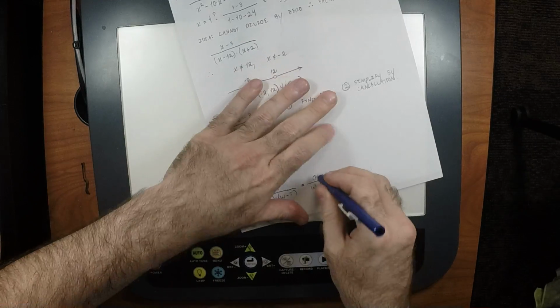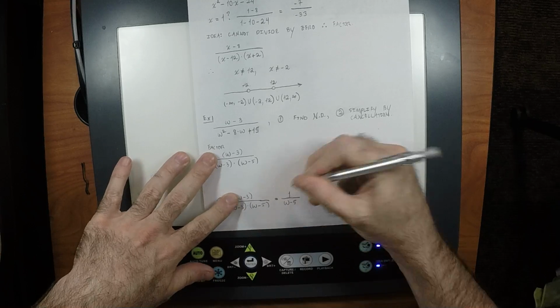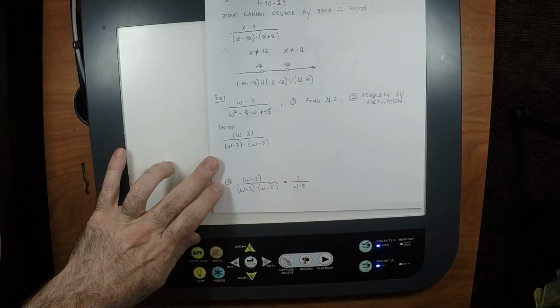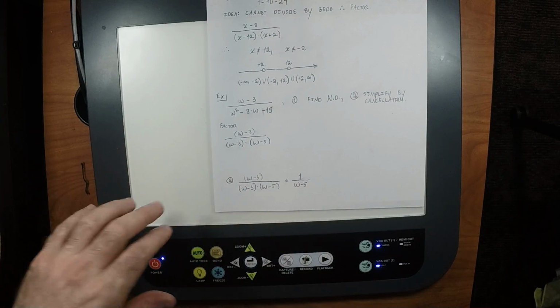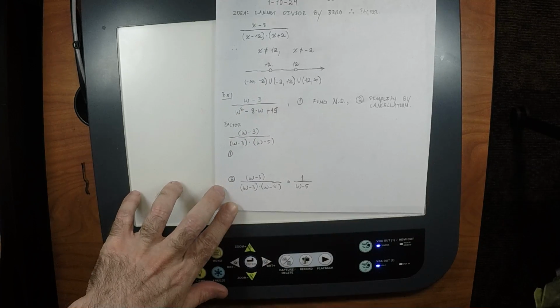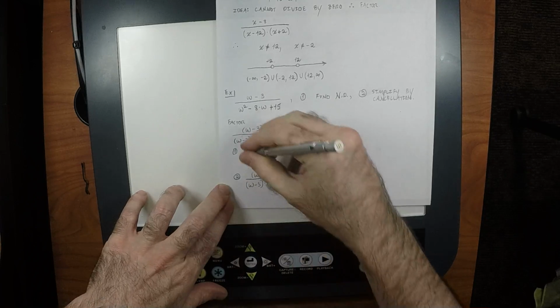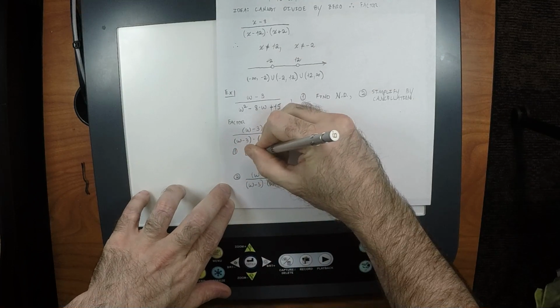We want the multiplicative identity, which is 1. Okay, so that's the answer to part 2. Now, what's the answer to part 1 then? Okay, w is not 5.